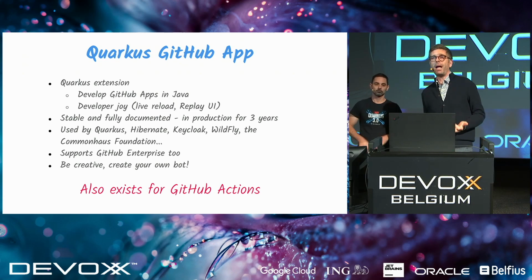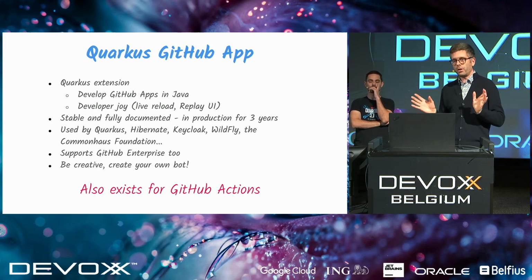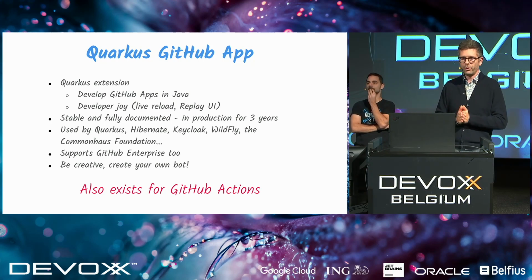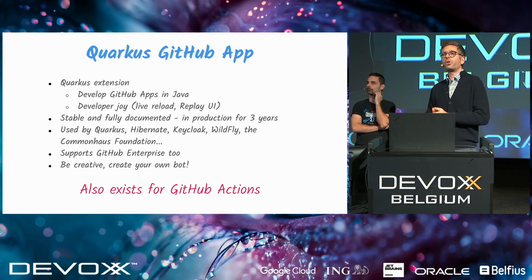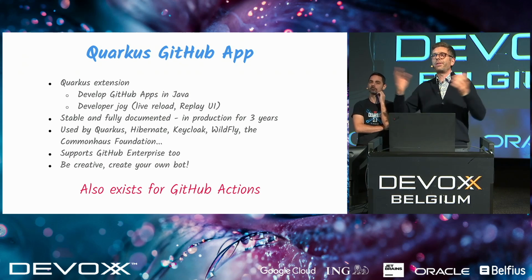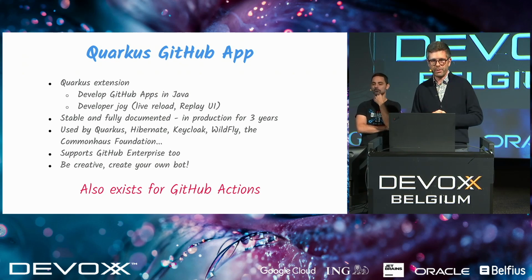So if we take a step back, this Quarkus GitHub App thing is a Quarkus extension. It allows you to develop GitHub apps in Java, so this is obvious. It comes with developer joy, so you have seen that I haven't restarted Quarkus or whatever. I just coded my stuff. This is extremely useful for interactive applications, like I said before.